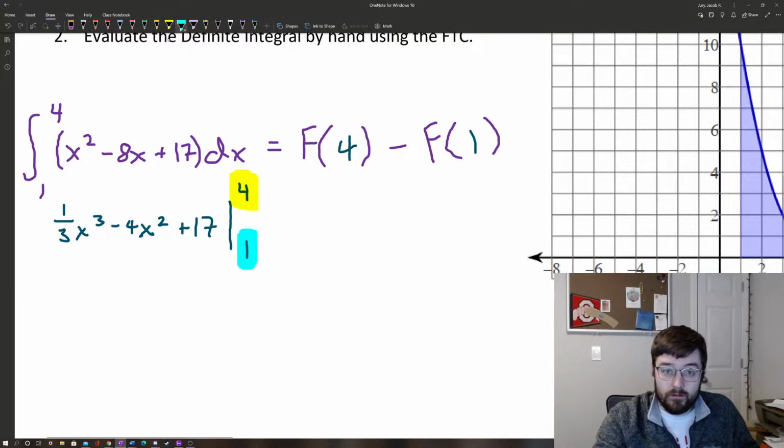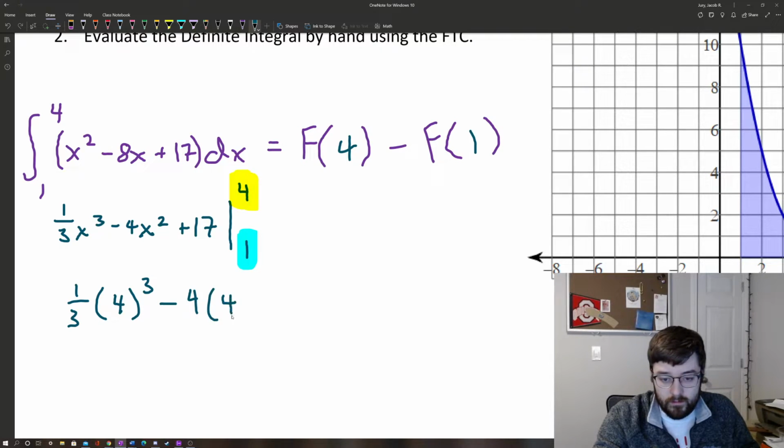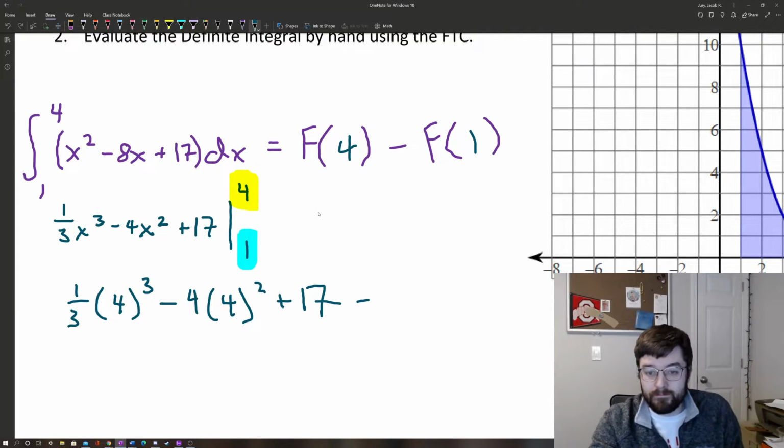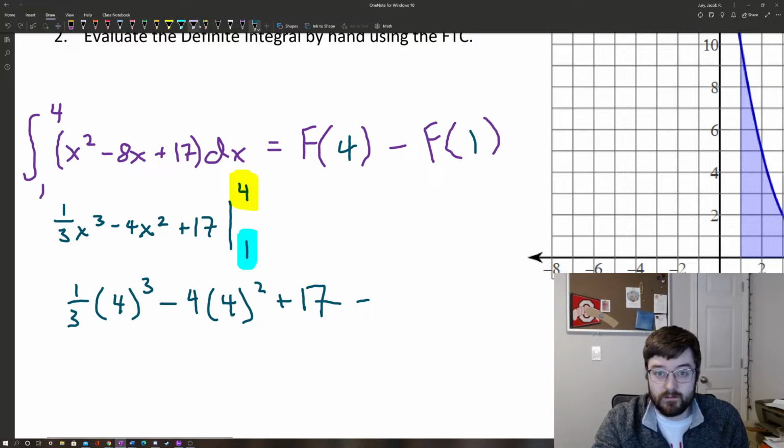So I'm going to write 1/3 4 cubed minus 4 times 4 squared plus 17. And then I'm going to subtract that from, so here's my subtraction between the two.